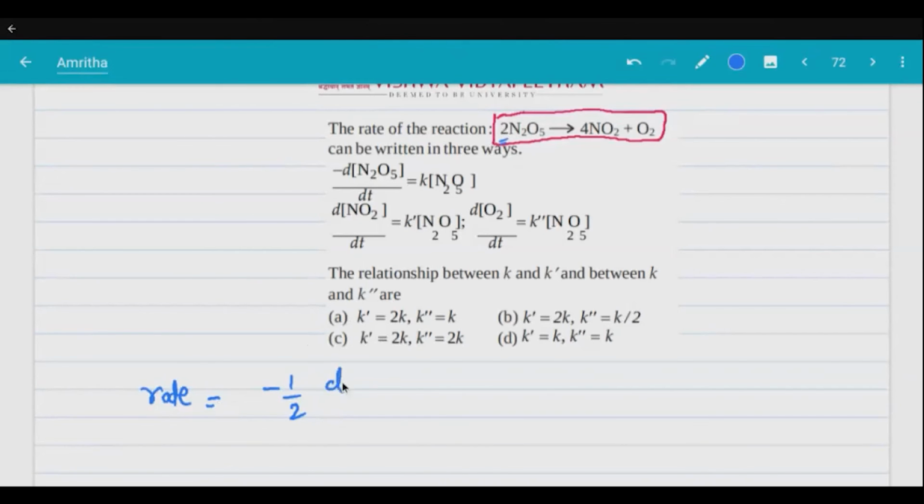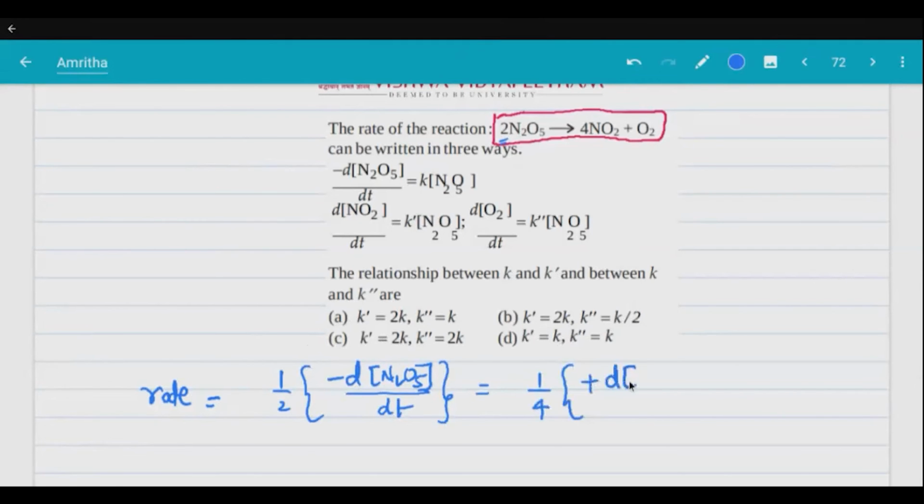So 1/2 and minus d N2O5 by dt is equal to, on the reactant side we write minus, but on the product side we write plus, 1/4 plus d NO2 by dt. So that is equal to dO2 by dt.